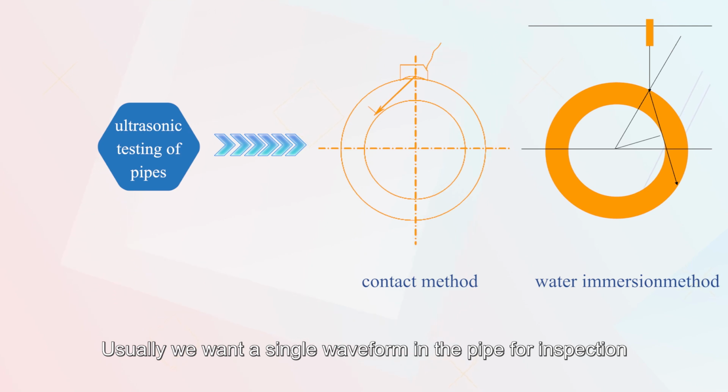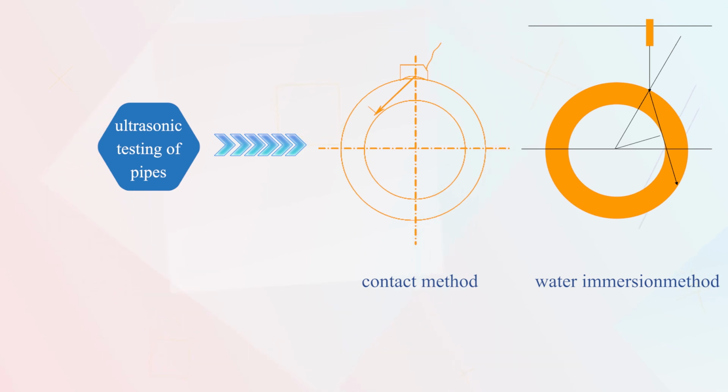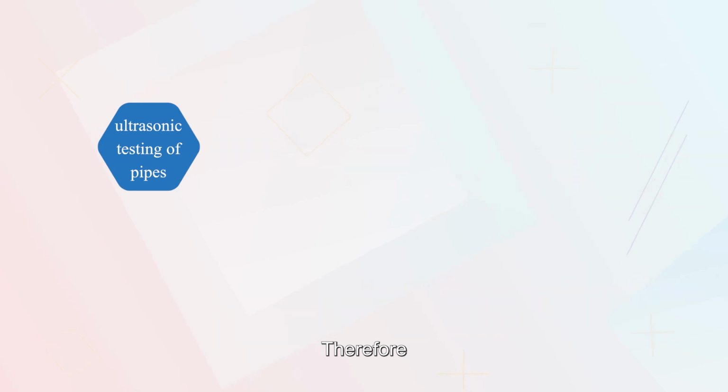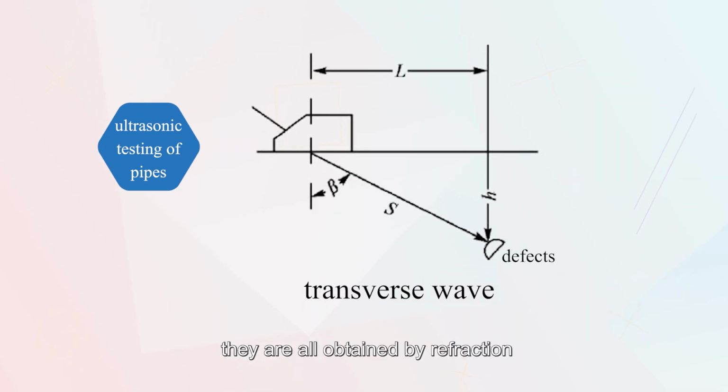Usually, we want a single waveform in pipe inspection, so whether the contact method or the water immersion method is used, it is necessary to ensure that the sound beam is a pure shear wave when it enters the pipe. Therefore, it is obtained by refraction and wave mode conversion at the interface of two mediums with oblique incidence of longitudinal waves.